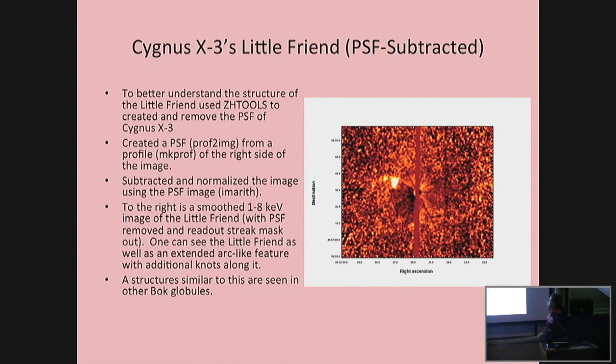You also notice this is a node boundary here in terms of being dithered, and so you see instrumental effects as well. We believe this feature here may be real. That's an area of still active research as to how real that is. But you do indeed see the little friend, and it appears similar in structure to the Bok globule.